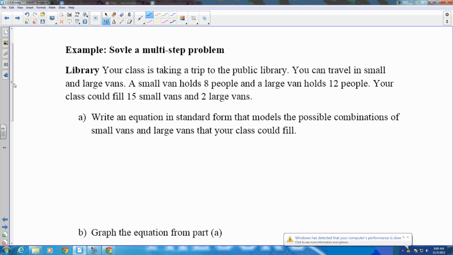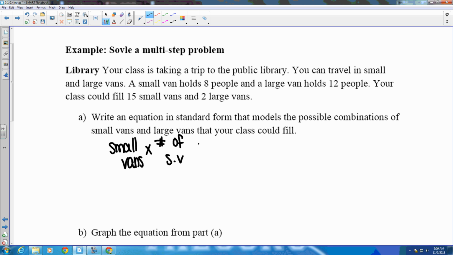Okay, so our equation would be small vans times the number of small vans that we need plus large vans times the number of large vans. That's going to be equal to our total number of people.